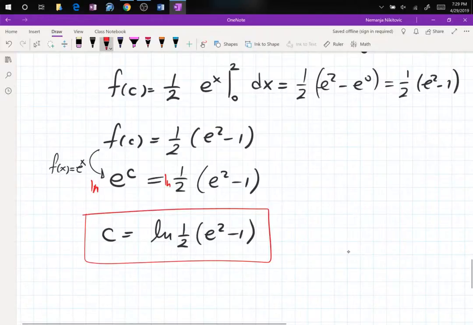So ln, open parenthesis, 0.5 times, open parenthesis, e squared minus 1, closed. I get approximately 1.16.